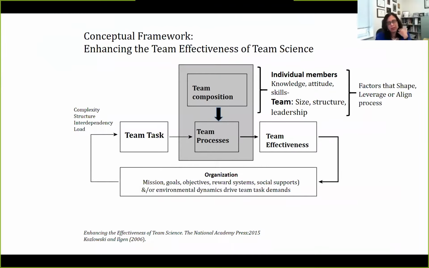They all come at a different level, but to form a fully functional team, there are certain rules that have to be followed. So for the team process, as I said, this slide is a conceptual framework, just giving an idea of how complex it has become.